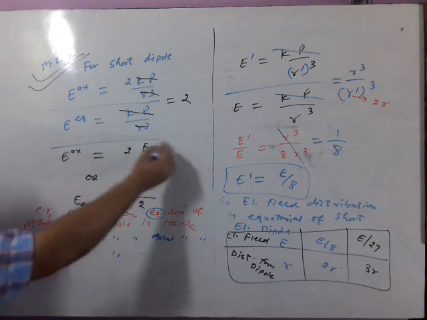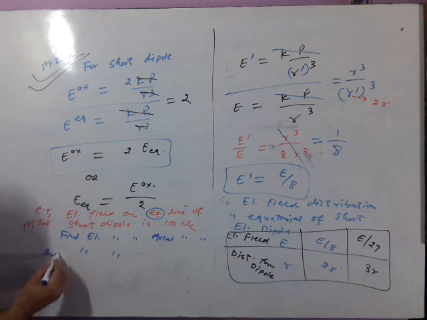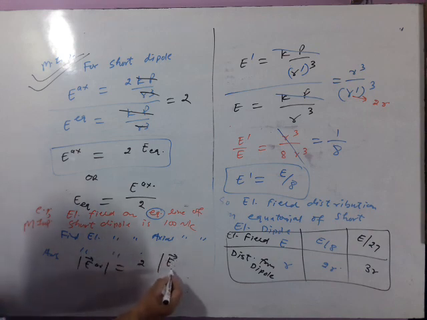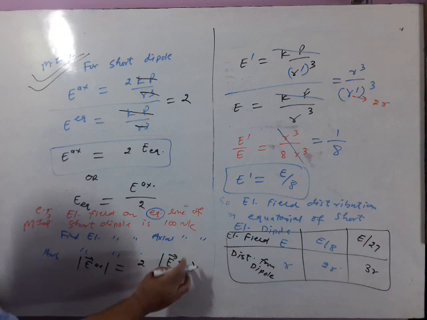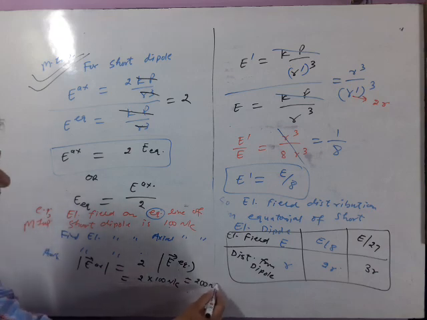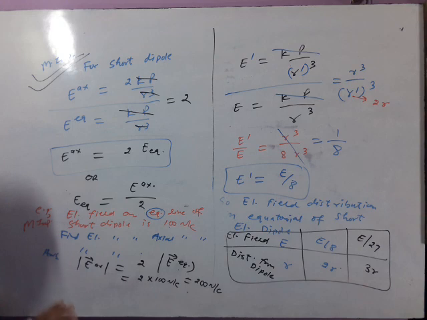You know this formula. Remember this, directly you may apply it for 1 mark questions. So the magnitude of the electric field on the axial line is twice the magnitude of the electric field on the equatorial line. So this was given 100, so it is 2 into 100 Newton per Coulomb, 200 Newton per Coulomb.